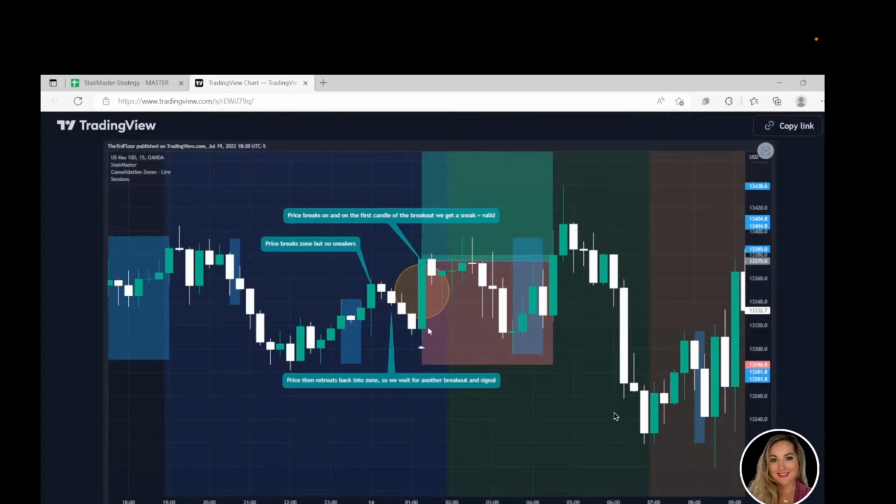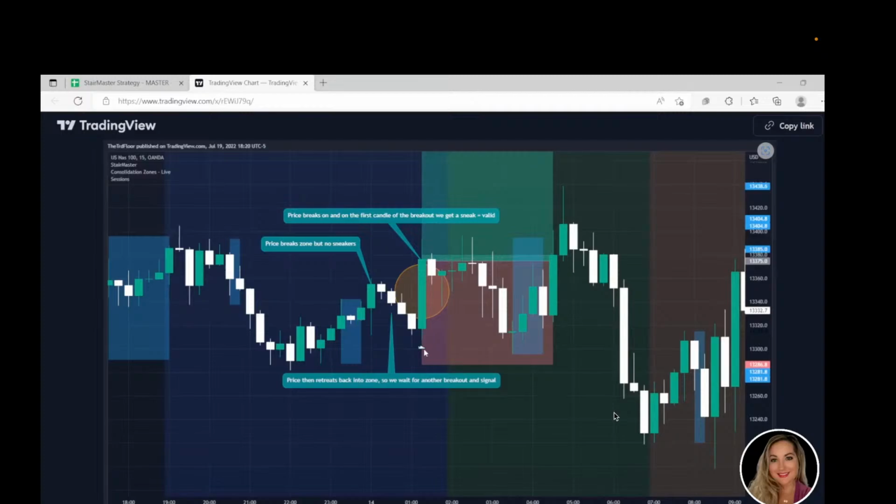So we are going to pretend you get an alert for your little sneaker here. You're going to use the zone to the left, the most recent one to the left. That is this blue box that we are working within for this sneaker that prints. As you can see, we make some notes here to help explain to you guys a little bit better about what's going on. But the zone you can see we were working in, price does come up and then it comes back down to trade within this box again.